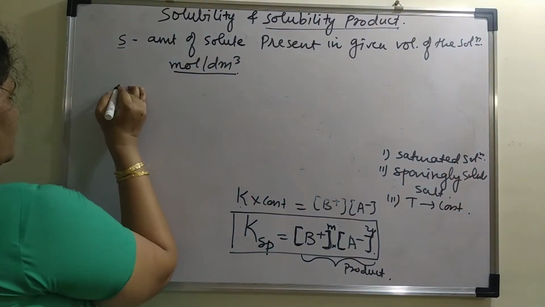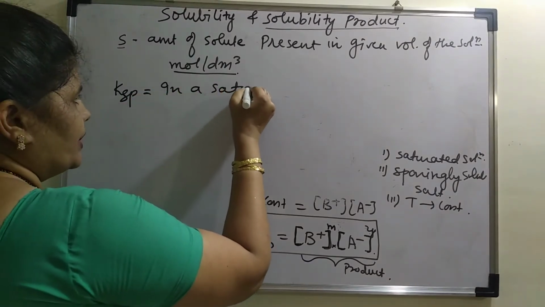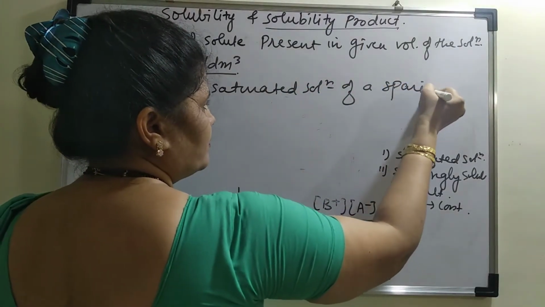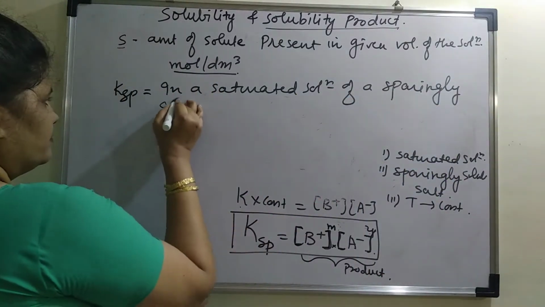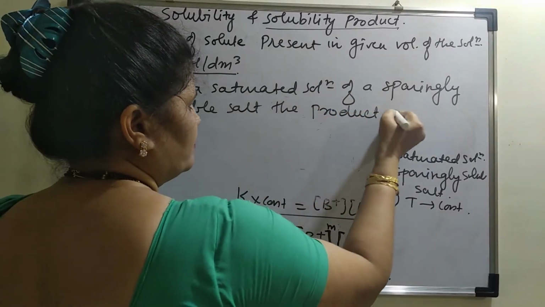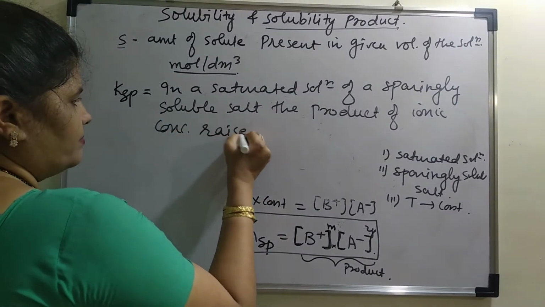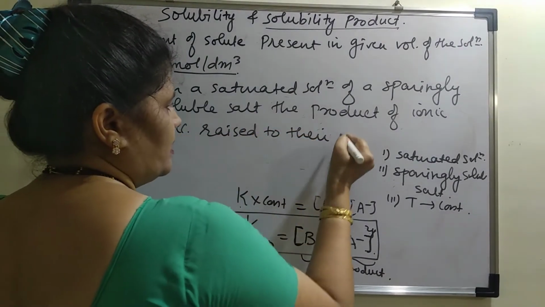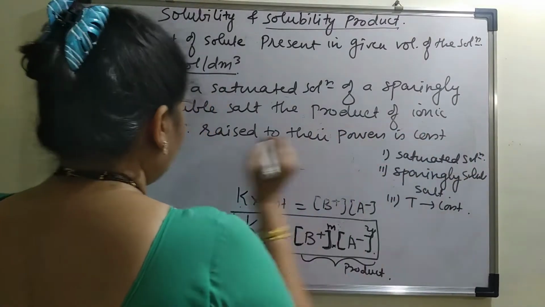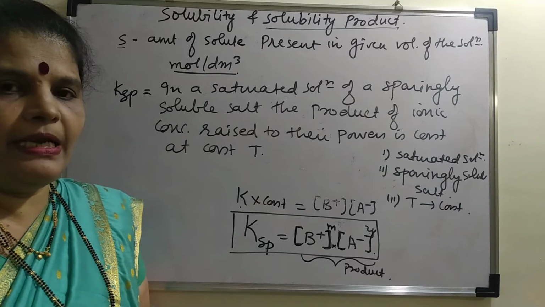For solubility product, in a saturated solution of a sparingly soluble salt, the product of ionic concentrations raised to their stoichiometric coefficients or raised to their powers is constant at constant temperature. So this is how I will define solubility product.